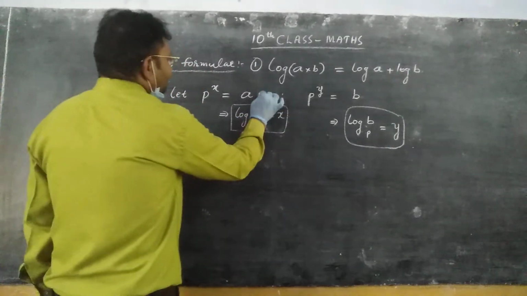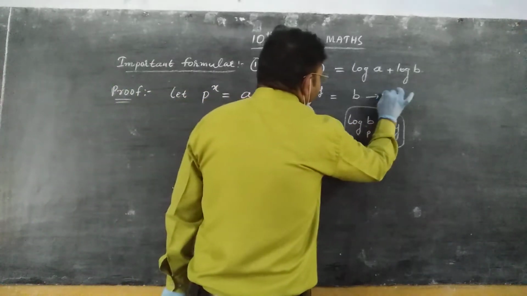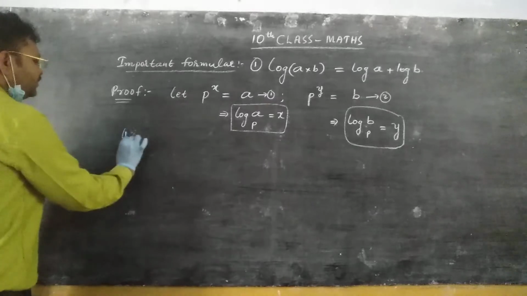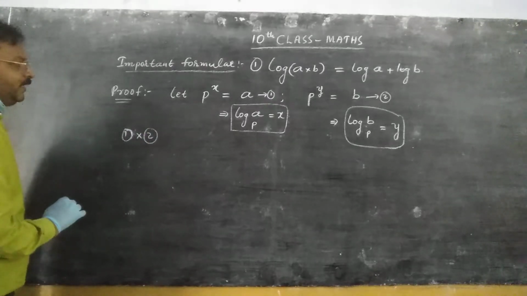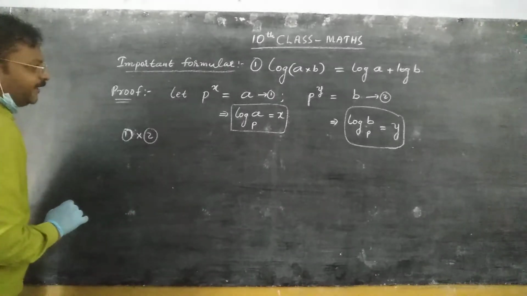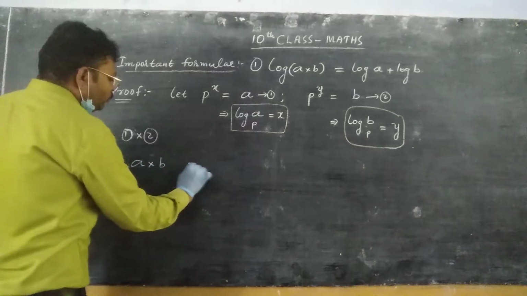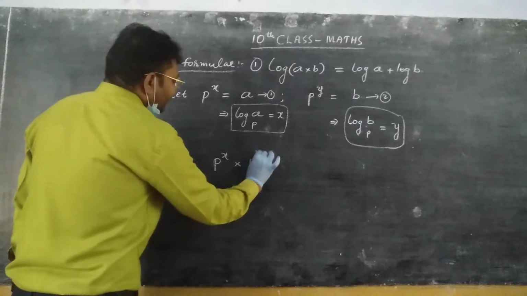Now children, let this be equation 1 and this equation number 2. Now multiply equation 1 and equation 2. What do we get? a into b is equal to p power x into p power y.